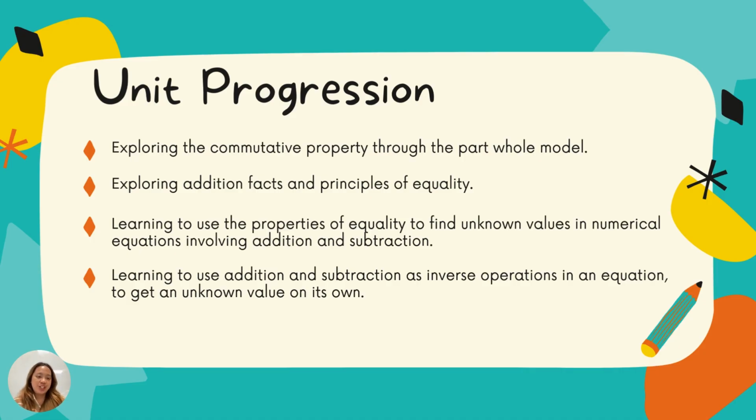Our unit progression: firstly, we're going to explore the commutative property through the part-whole model. The commutative property is a special rule that can be applied only to addition and multiplication, because the order can be switched and the result is the same.